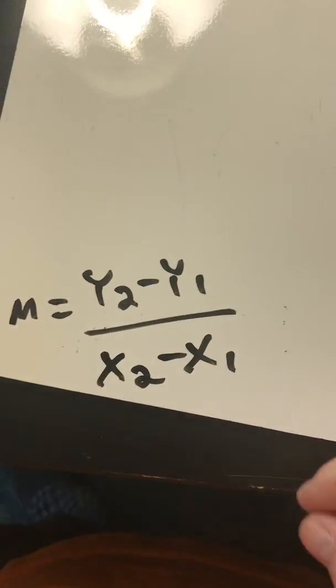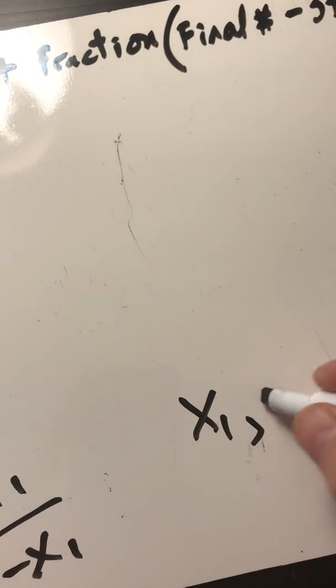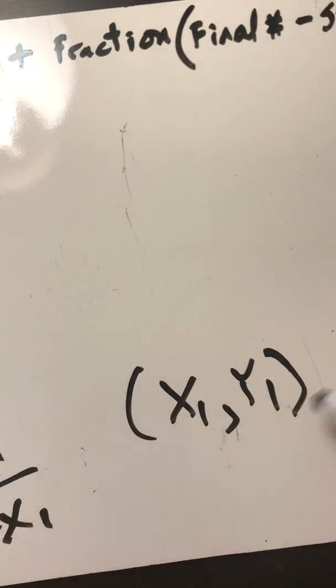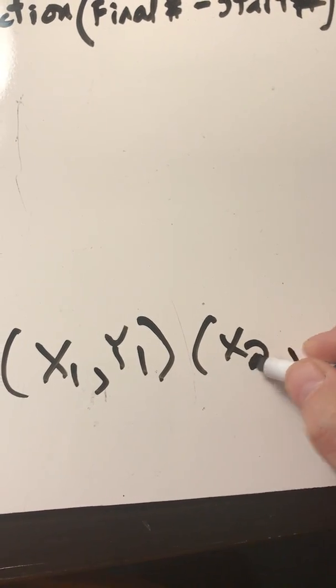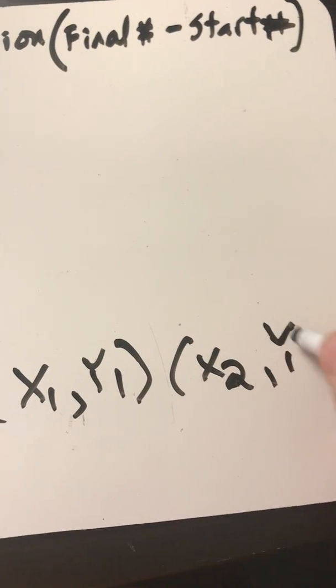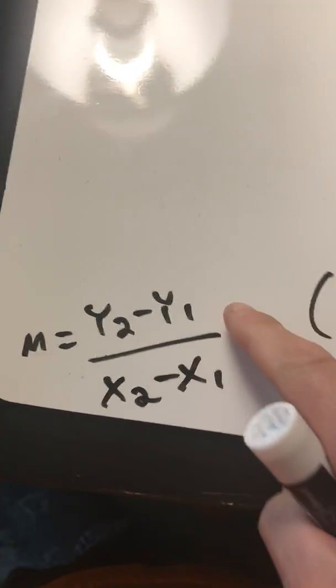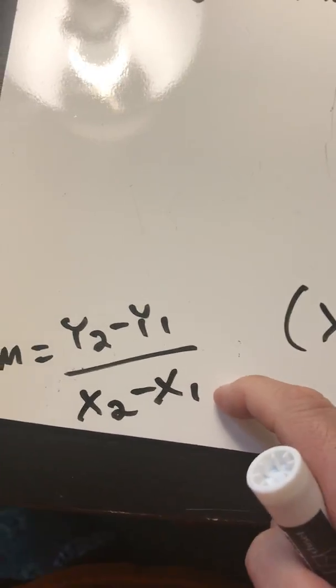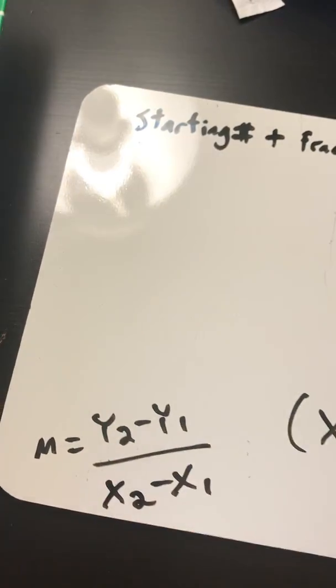When you're given 2 points, x1, y1, and x2, y2, and you do the slope formula to figure out the rise over the run, rise is the y value.